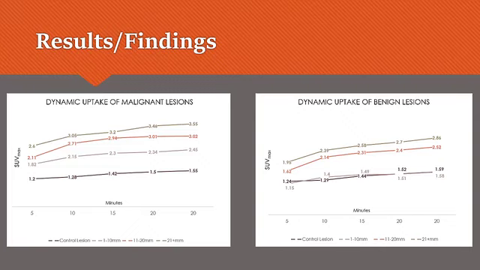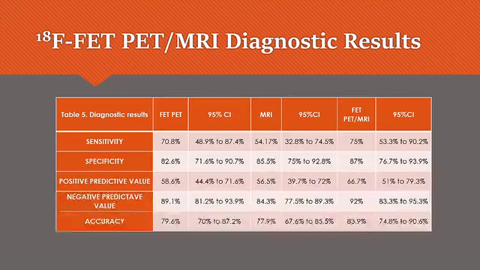Interestingly, the smaller benign lesions measuring 10 millimeters and under had readings that were comparable to those from the control region, whereas for malignant lesions, there is a noticeable increase in SUV max in all size groups compared to that of the control. The collected data also demonstrates that larger lesions have higher SUV max, and this stands for all time points.